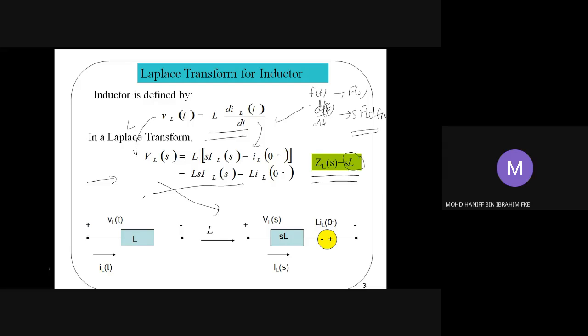For the inductor case, you have to transform the inductor into this form, where the inductor is written to be sL, and that involves the voltage drop of L i_0(0-). So that should be your transformation of the inductor component. Okay then, all right.